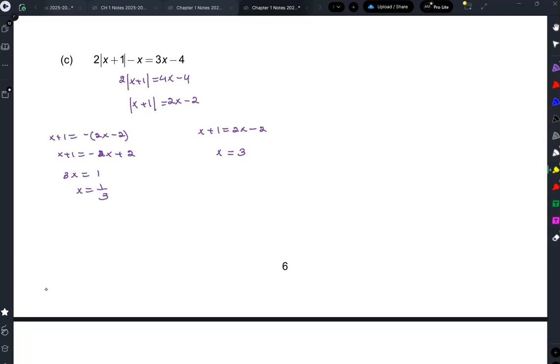Okay, to check, we're going to plug into the step right before we split it. So let's check. 1/3 plus 1. Is this equal to 2 times 1/3 minus 2?